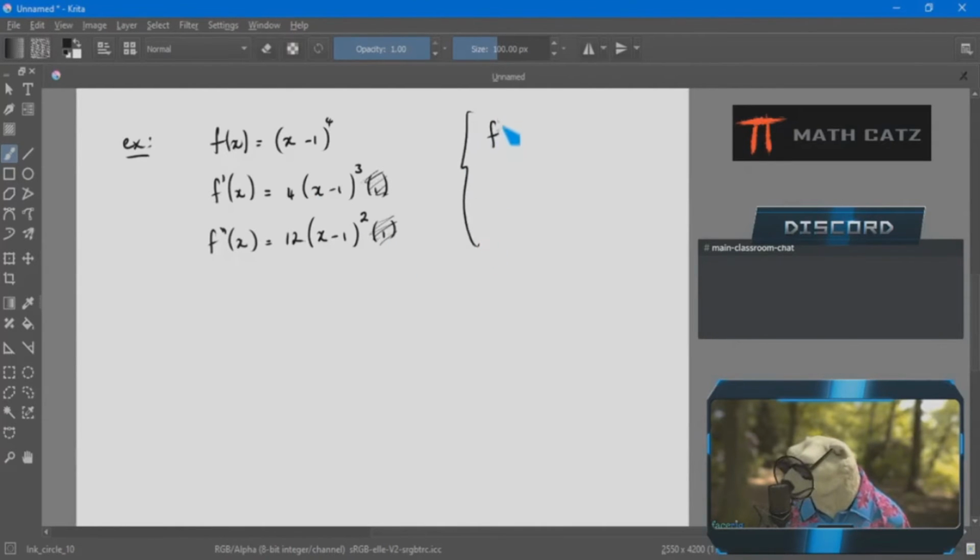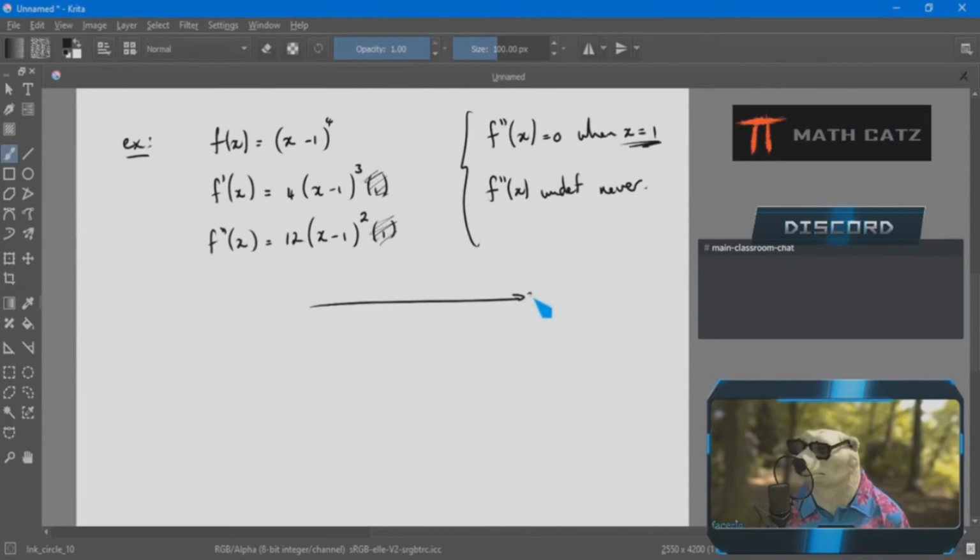I'll do it over here. Second derivative is clearly 0 when x equals 1, and the second derivative is undefined never, it's a polynomial. So I get my potential inflection points, and there's one of them. I don't know if it's an inflection point yet, right?